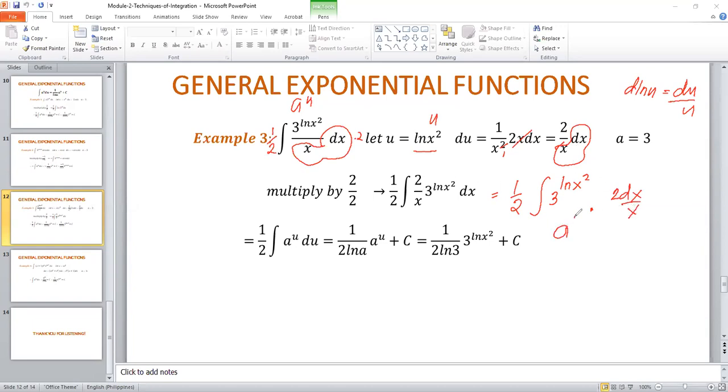This is your a raised to u and this is your du. So what's the answer for this? You have to, of course, incorporate the 1/2. So 1/2 times a raised to u over ln of a. Your a raised to u is 3 raised to the ln of x squared, and what's the a? 3. So this is your answer: 1/2 times 3 raised to ln of x squared over ln of 3. Or you can group this together the way it's written here.